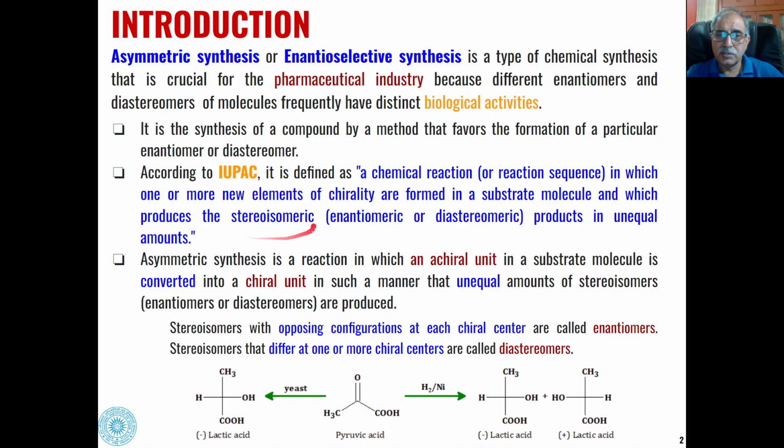And those stereoisomeric products will be either enantiomers or diastereomers. So this is the exact definition of IUPAC.